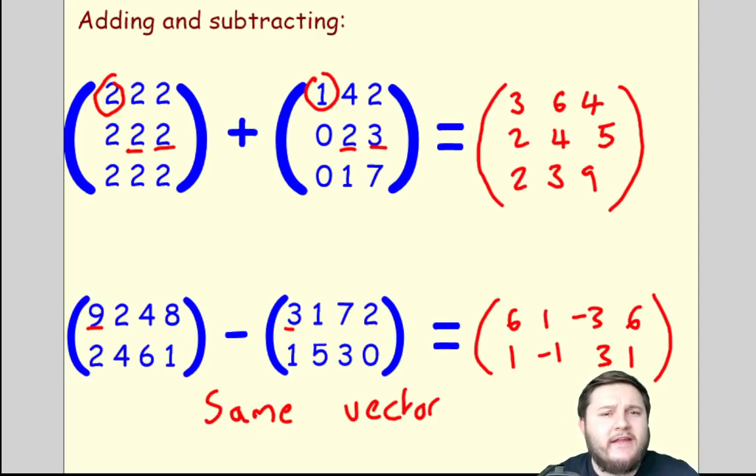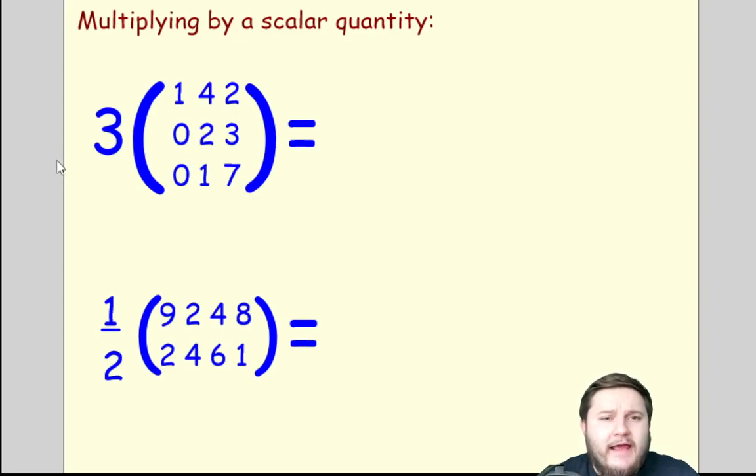So what happens then if we multiply a number by a matrix? Well, again, this is exactly the same as if it was a vector. You multiply the scalar multiple, as we call the whole number, by every single number inside the matrix, and it stays in its same position.